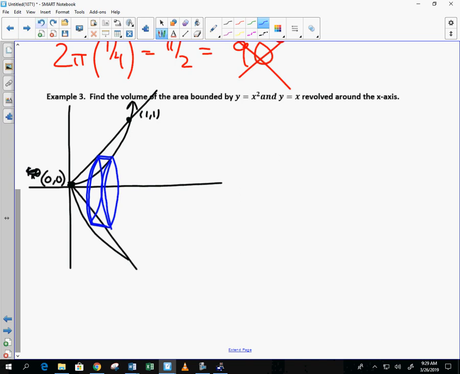Everybody see my cylindrical shell? Yes, it is kind of off. Thank you for pointing out my mistakes. It's okay. All right, I'm going to unravel it.